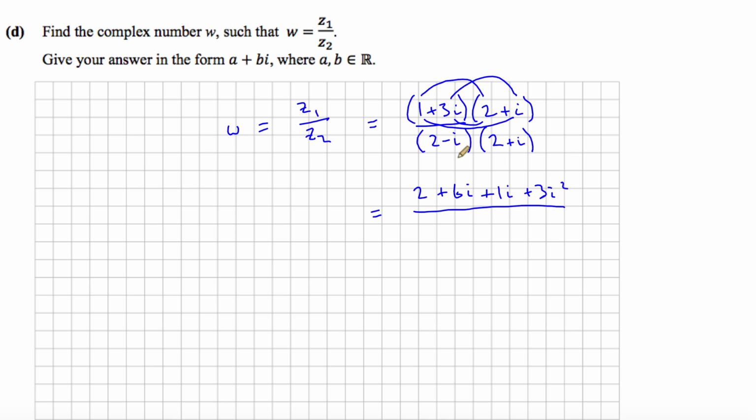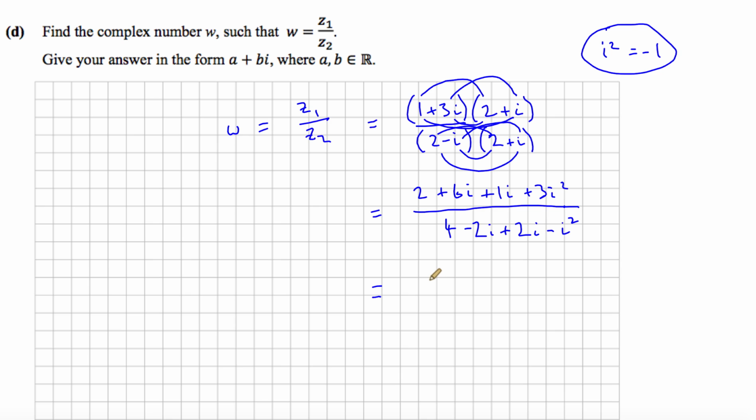That's all going to be over 2 times 2, which is 4, minus i by 2, which is minus 2i, 2 times i, which is 2i, and finally minus i times plus i, which is minus i squared. So when we're tidying this up, we need to bear in mind that i squared is minus 1. That's the definition that was given to us at the beginning of the question. So we're going to tidy up as best we can here, keeping that in mind.